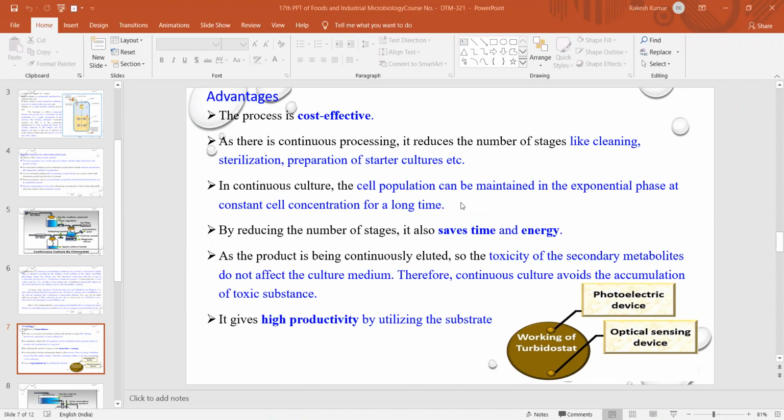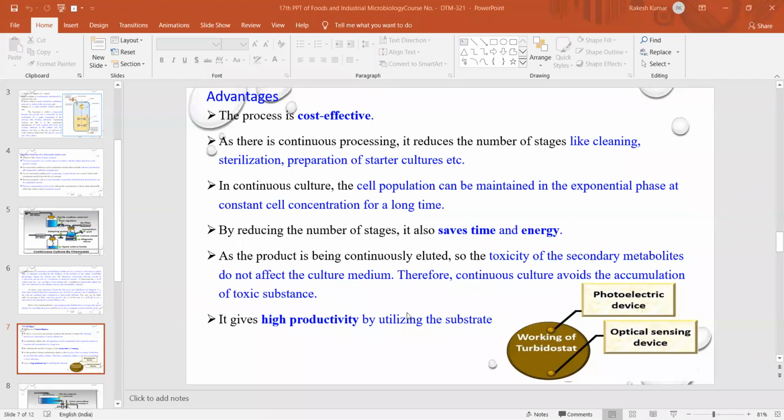So there is a chance of not affecting the starter culture which we are using for the desired fermentation. Therefore, continuous culture avoids the accumulation of toxic substances. It gives high productivity by utilizing the substrate.